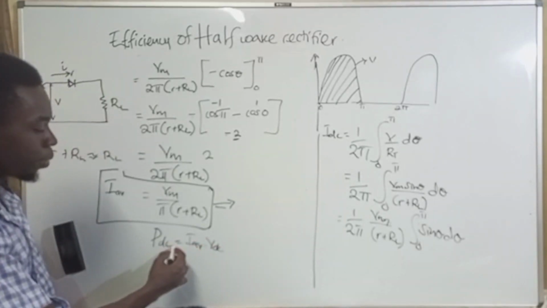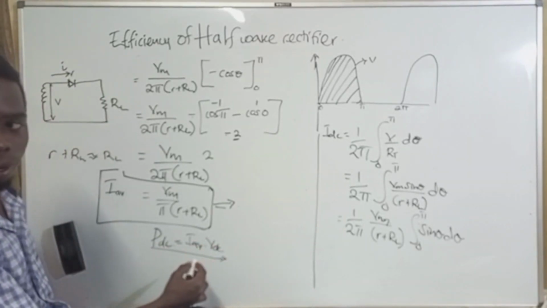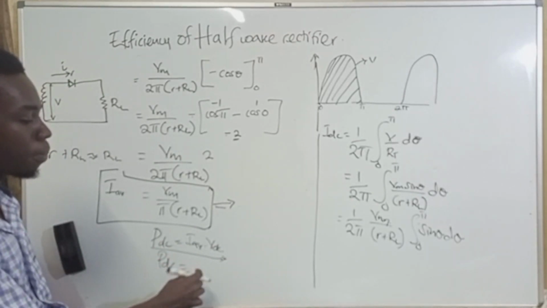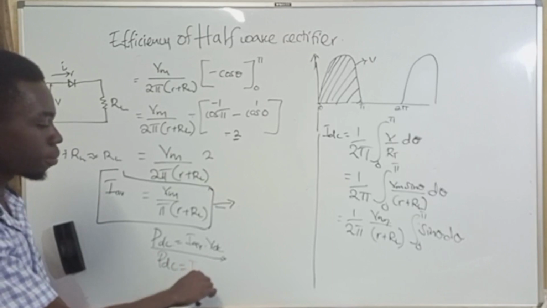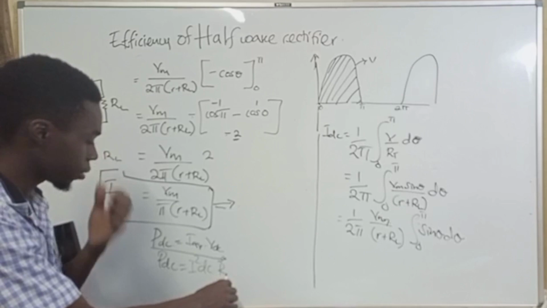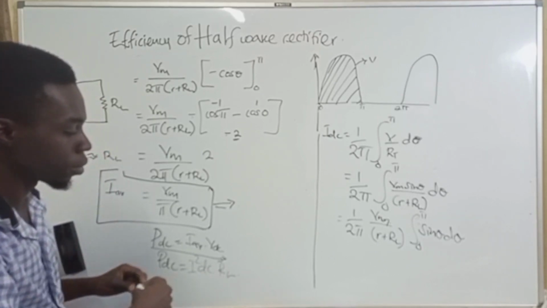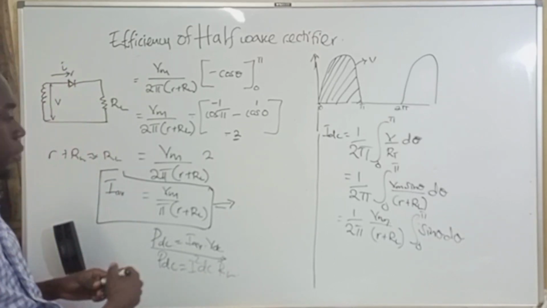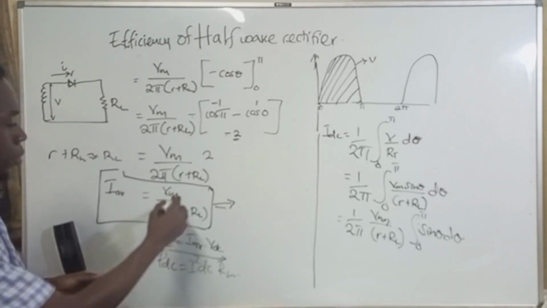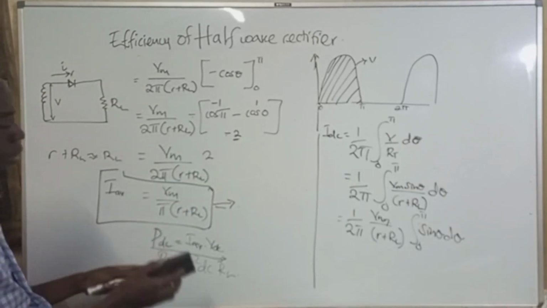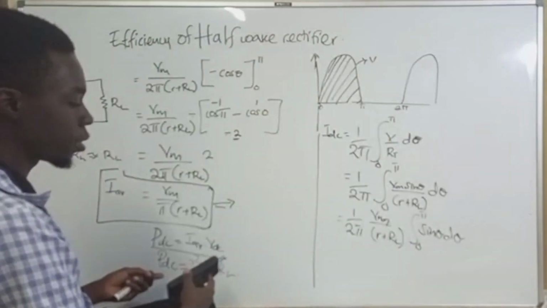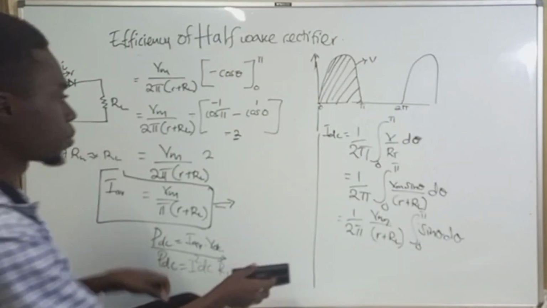So this value of PDC can be calculated in this particular way, and it can also be calculated where PDC is given by I squared DC times the load resistance RL. From this equation, I'm going to derive another equation for the average DC power value that is dissipated in this particular thing.